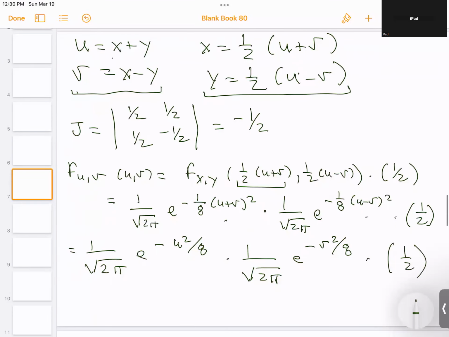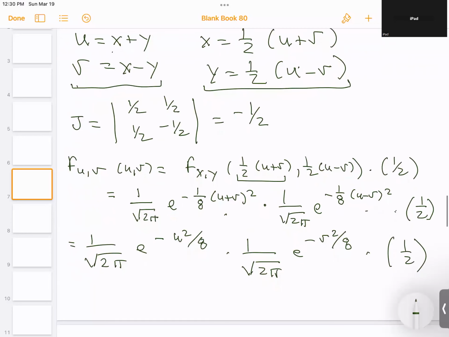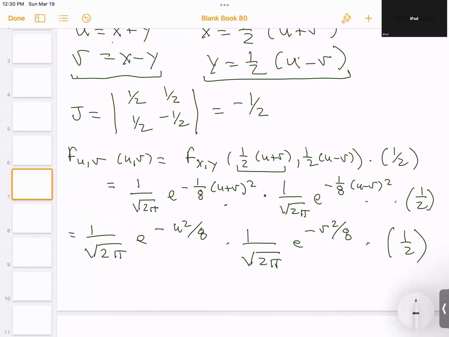You see why? Oh, hold on. Did I screw it up? It should be over 4, perhaps, right? I messed up, I skipped over something. So it's u squared plus 2uv plus v squared here, and u squared minus 2uv plus v squared here.